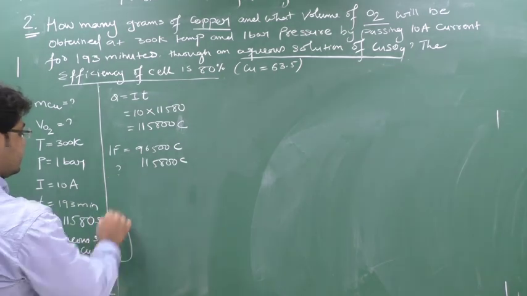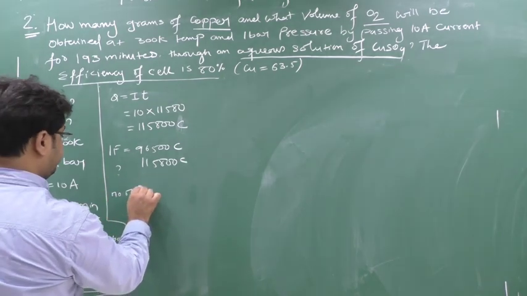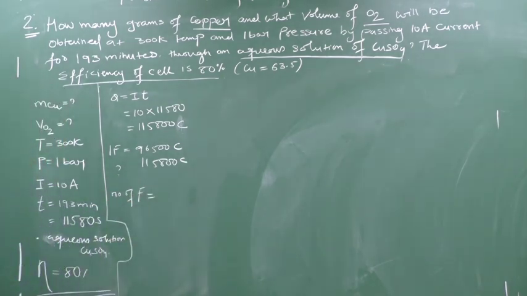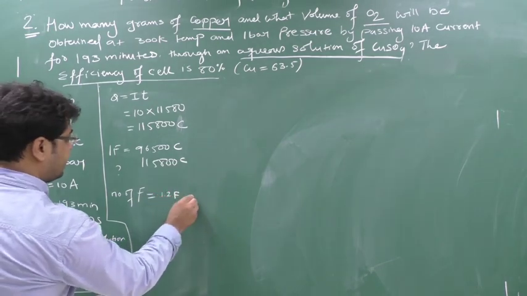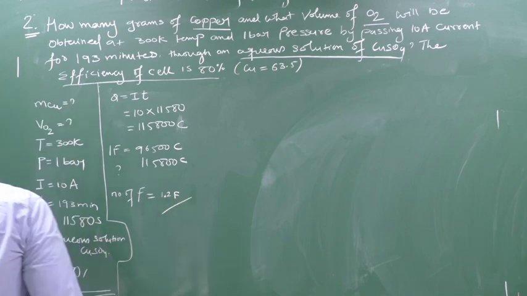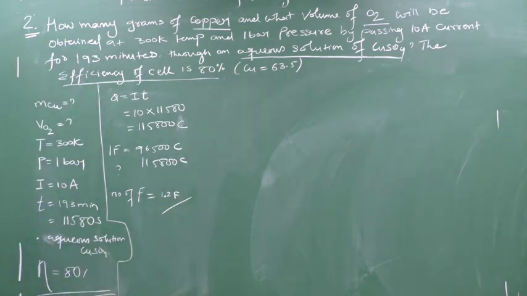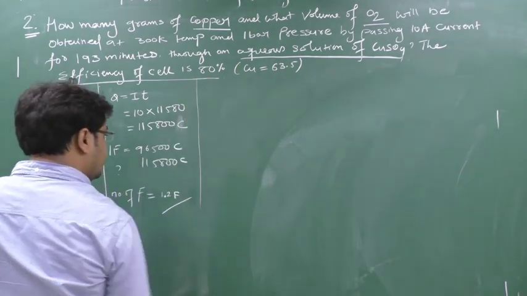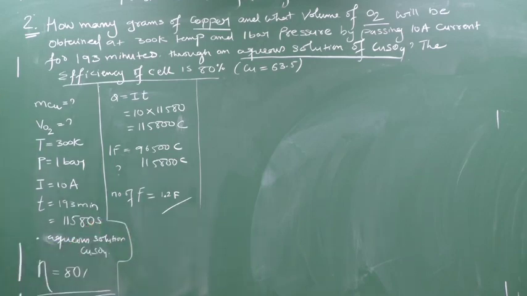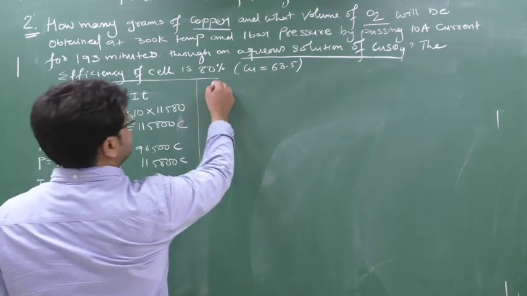So how much Faraday? So number of Faraday we will calculate here is 11580 divided by 96500, 1.2 Faraday. Once more I repeat, please don't use a calculator, because in your exam it's not allowed. So I calculate the Faraday is 1.2 Faraday. First I will do for copper. So see for the copper.